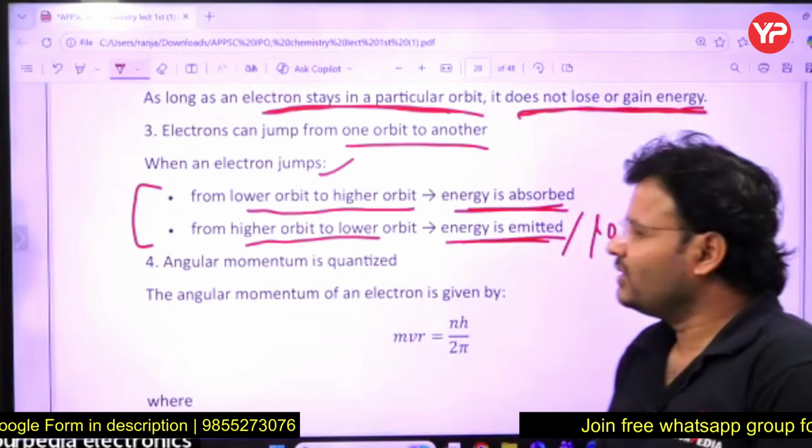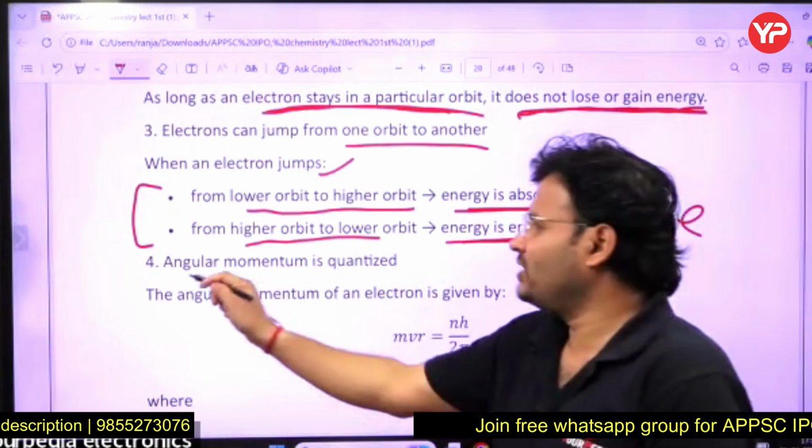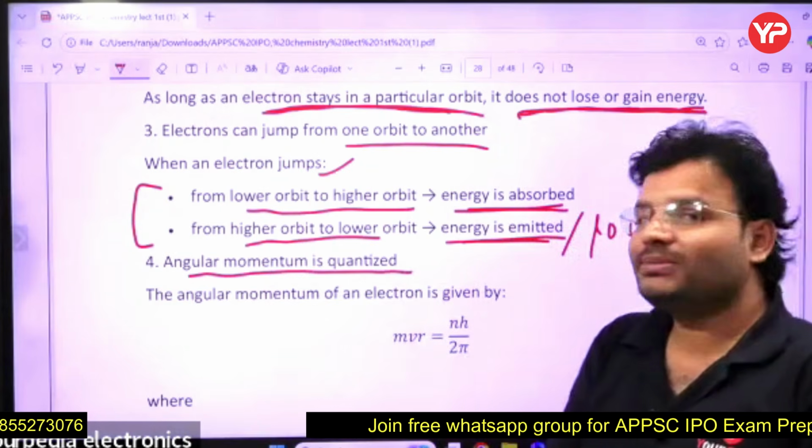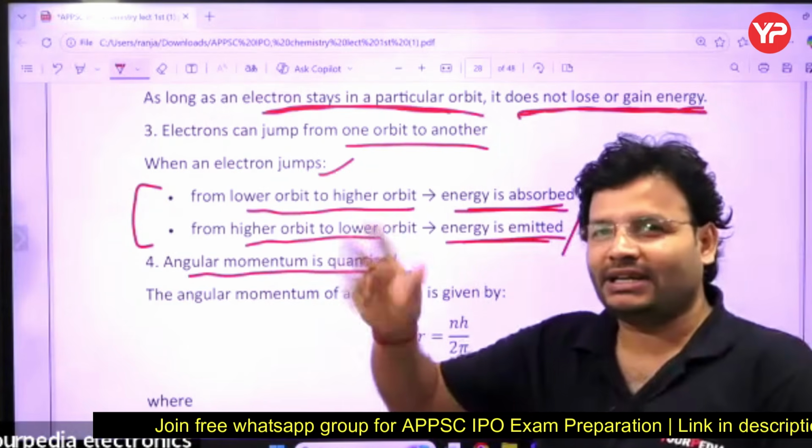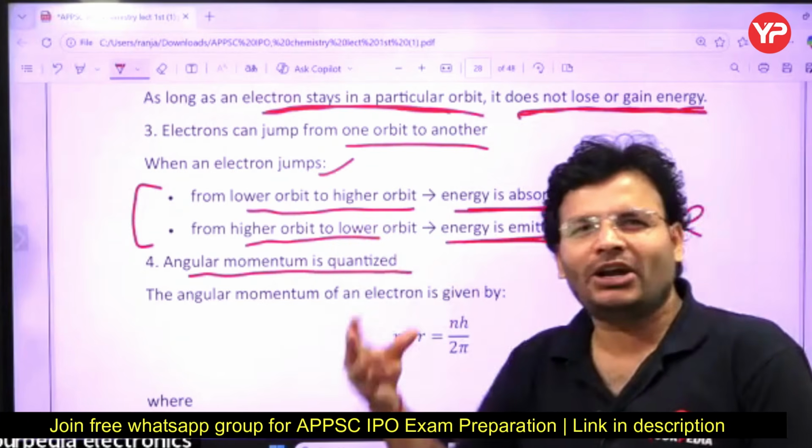Angular momentum is quantized. Angular momentum is always quantized, and the angular momentum of electrons, because it is going to be revolved here, right? So revolving is what, angular or linear?